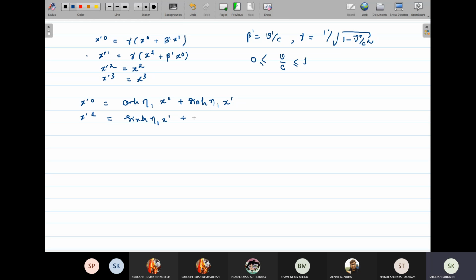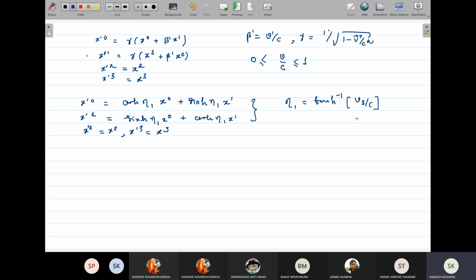We have seen this, but again I'm just writing it. So you can see from this that you can think of this transformation as a hyperbolic rotation, where eta 1 is the inverse tanh of v1 by c.